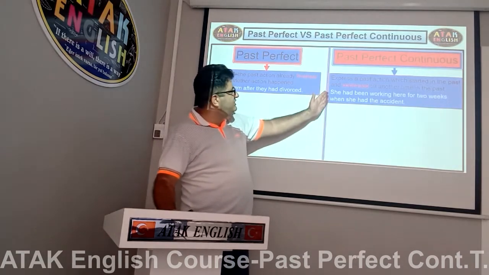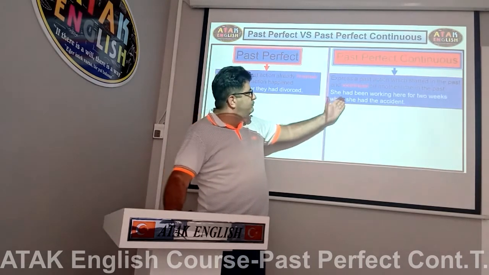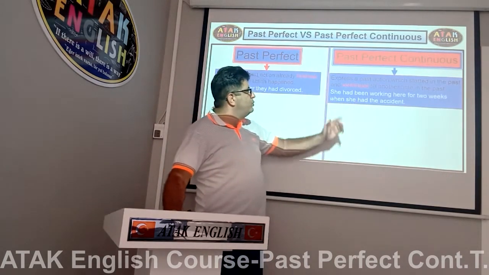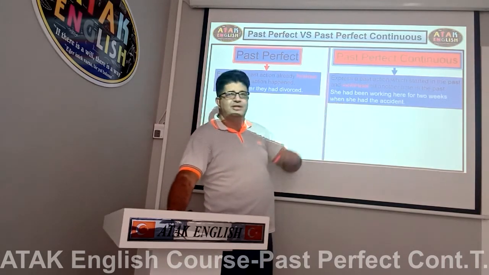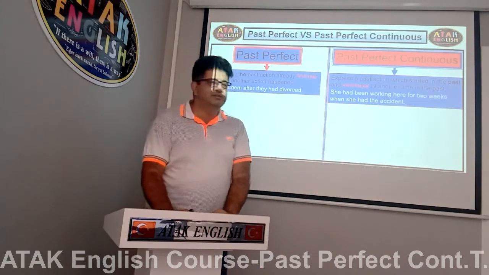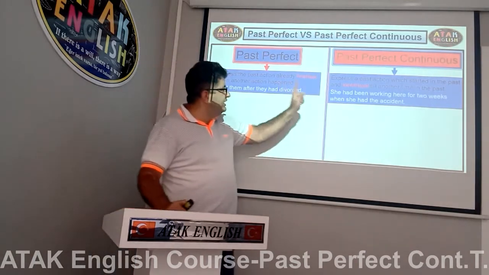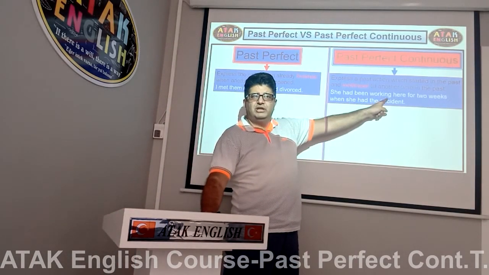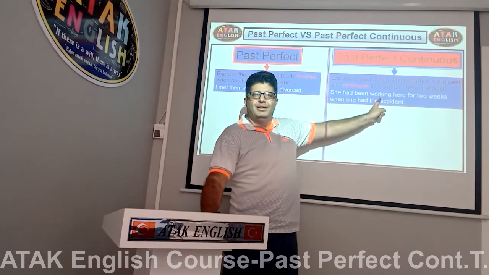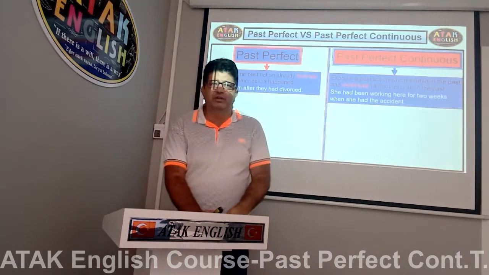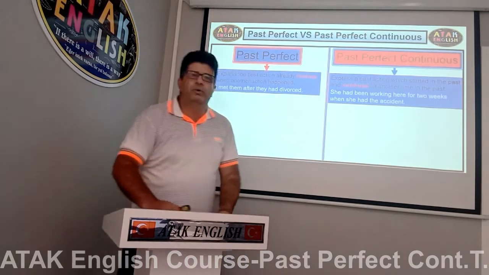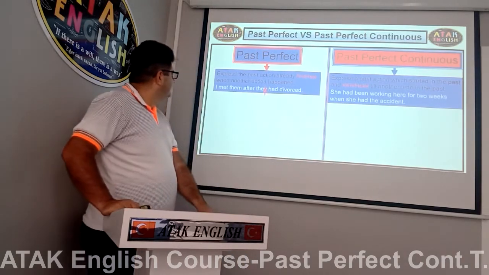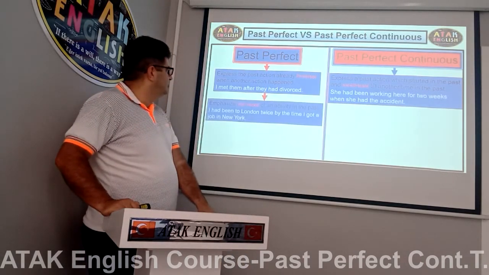Let's read our example. She had been working here for 2 weeks when she had the accident. So here I see had been verb ing, working, tells us that the action, working action, is still going on. In the past, of course.